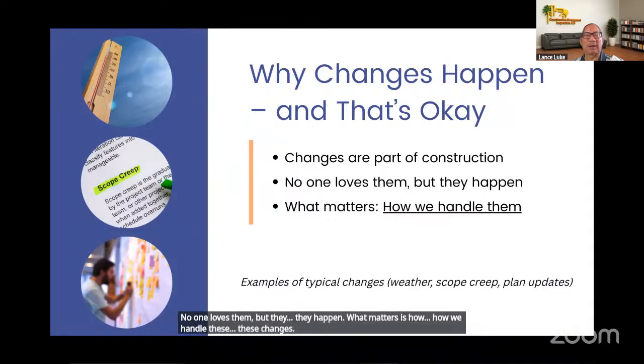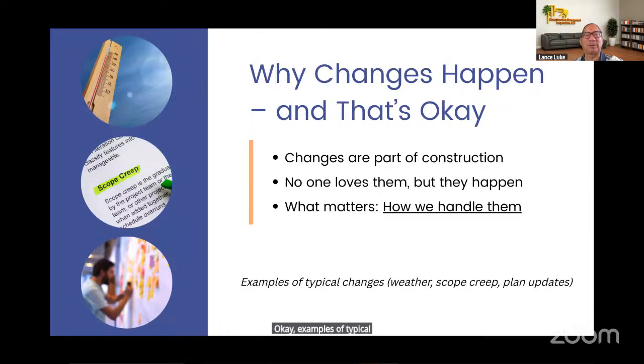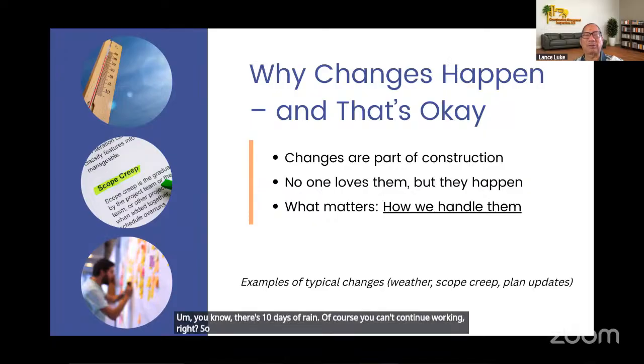Okay, examples of typical changes include weather conditions, right? If the contractor starts a project and all of a sudden there's 10 days of rain, of course they can't continue working, right? So the schedule would be automatically extended.